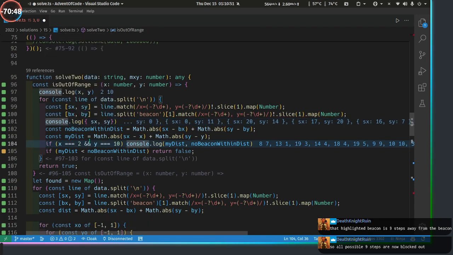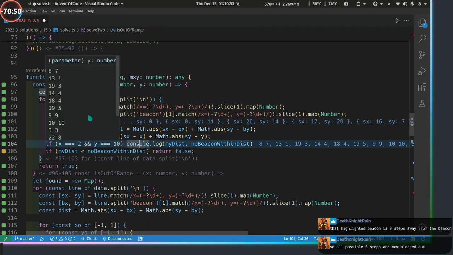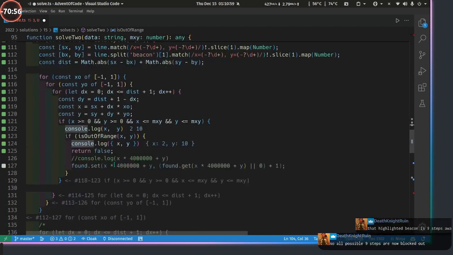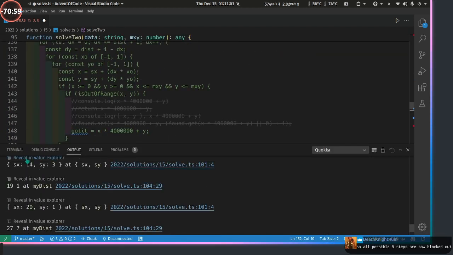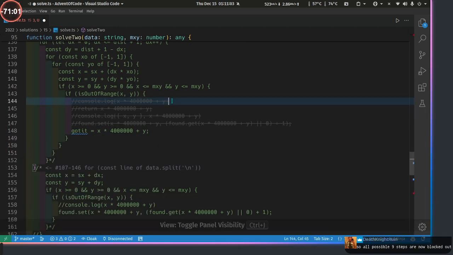Right, 2, 18. Your distance from 2, 18 is... Mine's 8, yours is 7. Is this thing still running? Still running. Dagnabbit.